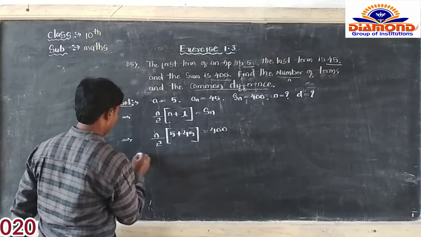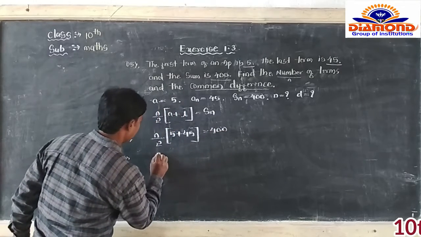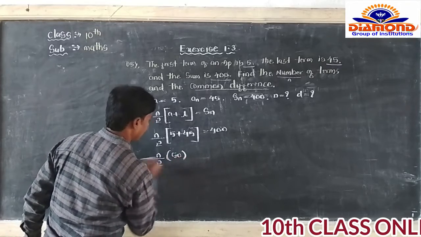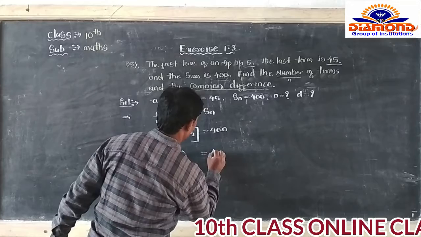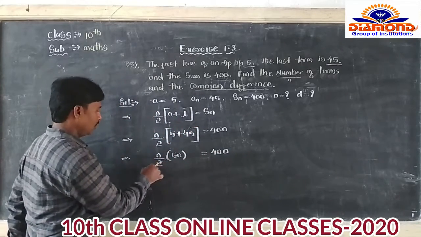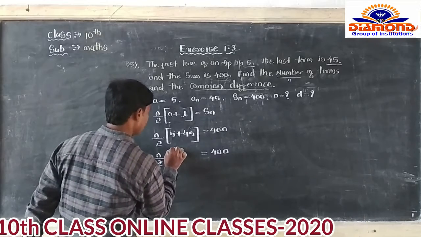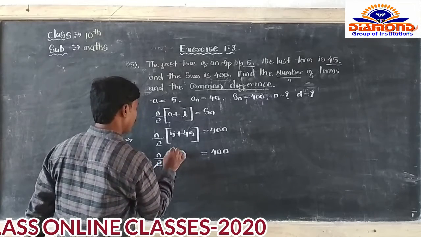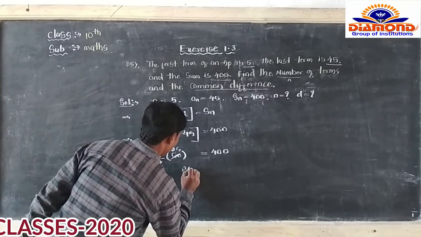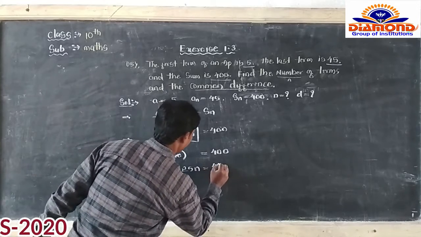Then next step, dear students, n upon 2 in the bracket, here 50 is equal to 400. 45 plus 5 is equal to 50. 2 twos are 4, 2 fives are 10, 25n, here it becomes 25n is equal to 400.